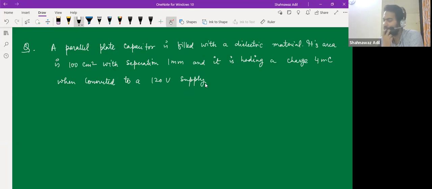Is the battery connected or disconnected in this question? It's connected, right? And we have this dielectric, so this is the second case. Now the question is to find the dielectric constant.